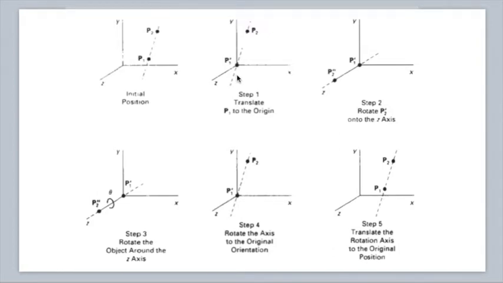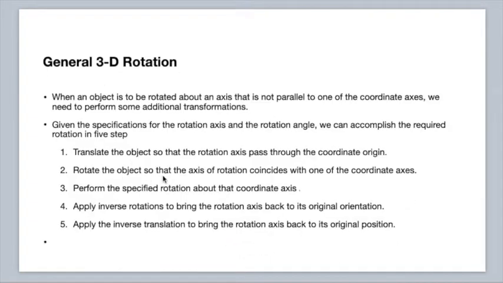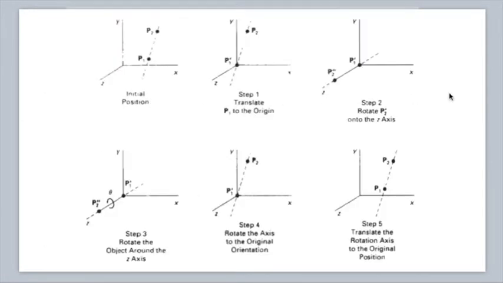Then the next step is to rotate the object so that the axis of rotation coincides with one of the coordinate axes. You have to rotate it so that it coincides with any of these coordinate axes. Here you are rotating this onto the z axis.